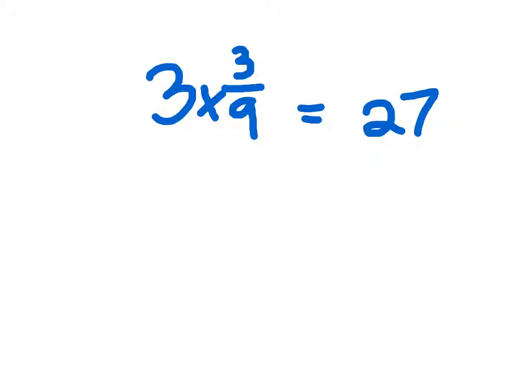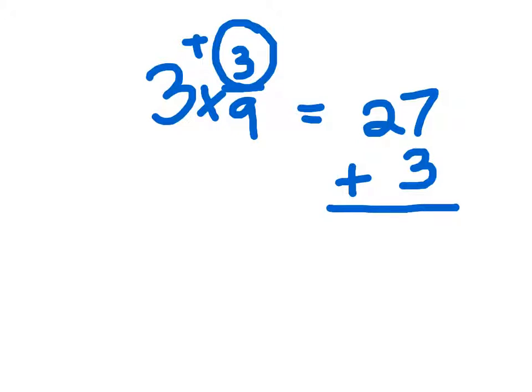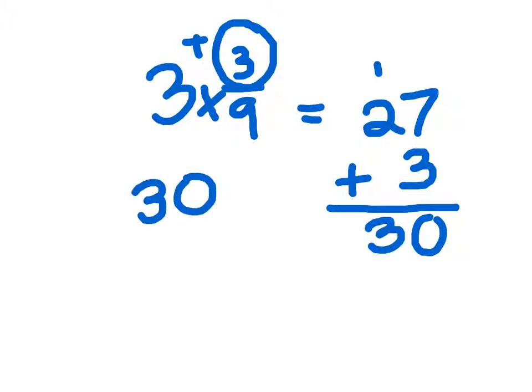Yes, that is correct. And then we have 3 extras left over, so we add those additional 3. And 27 plus 3 is 30. So now we have 30 total pieces, and then 9 is our groups.